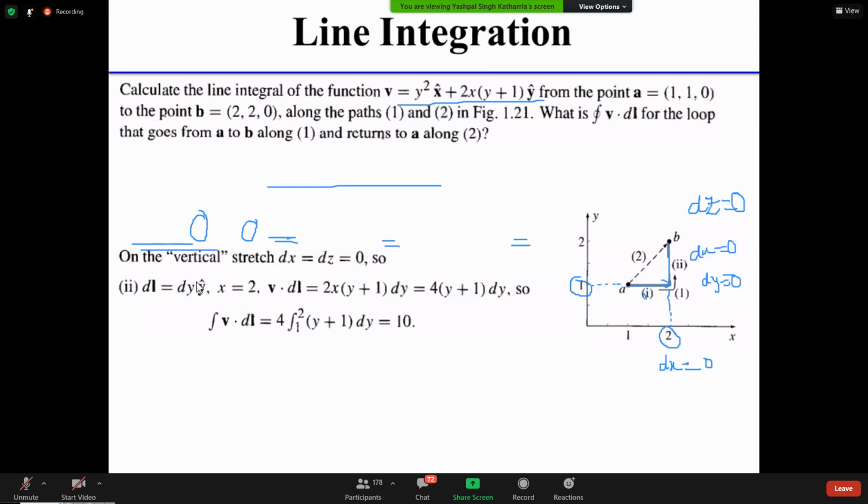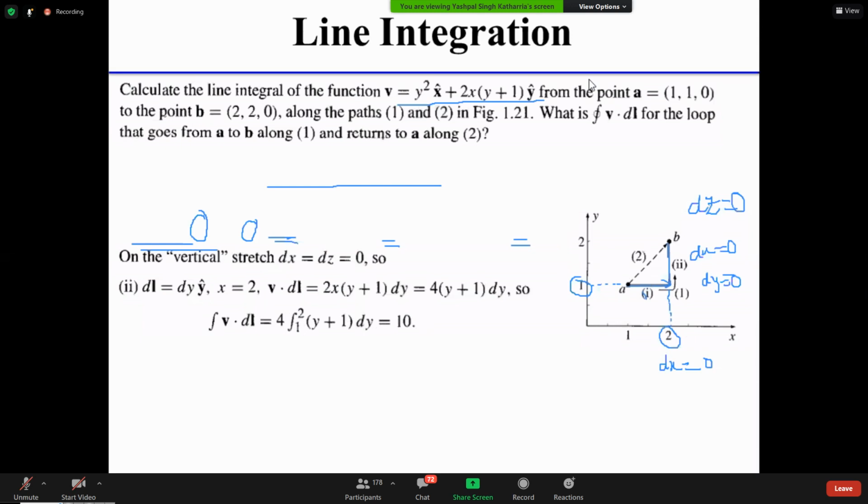The x cap into y cap term will be 0. Then you can put the value of x here. So x equals 2, so 2 into 2 will give you 4, and then you have 4y plus 1 into dy. And if you integrate it now, with y going from 1 at this point to 2 at this point, that integration should give you 10.